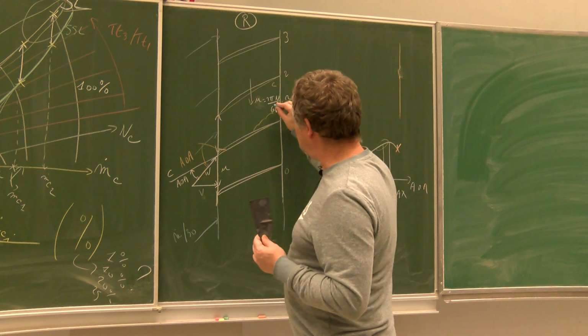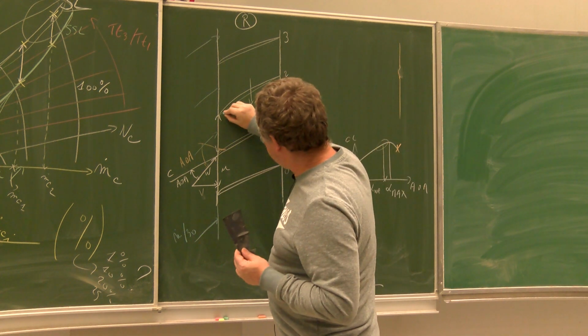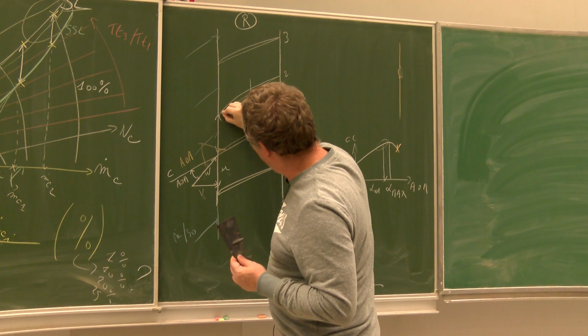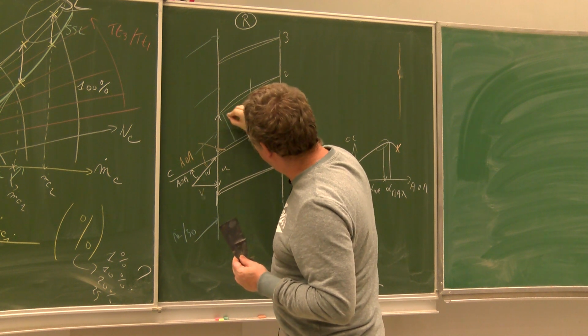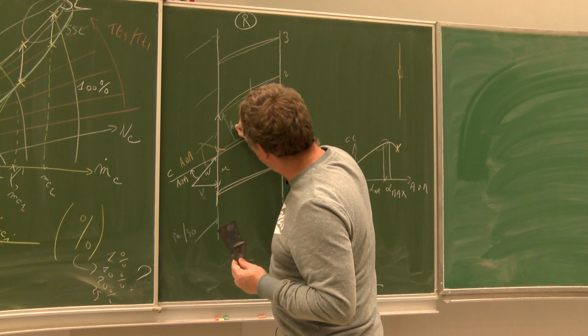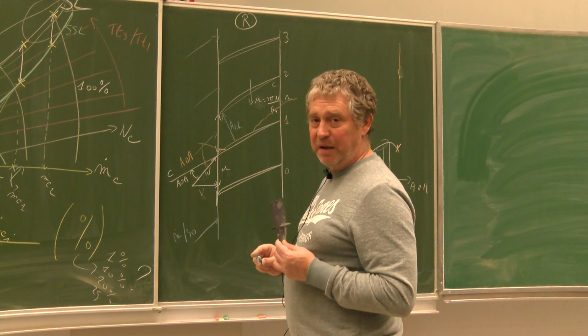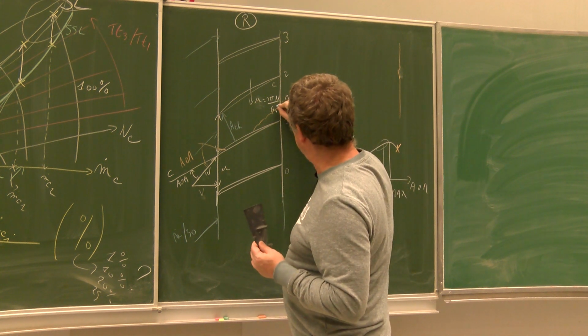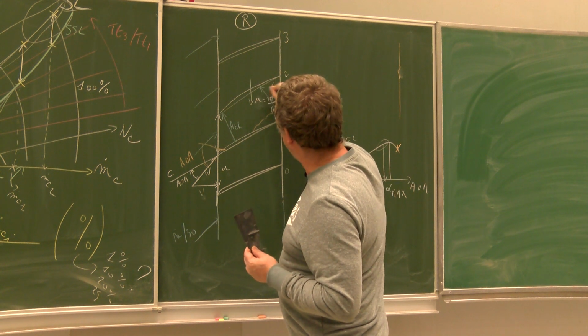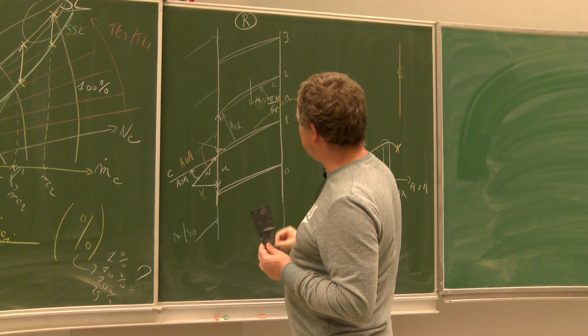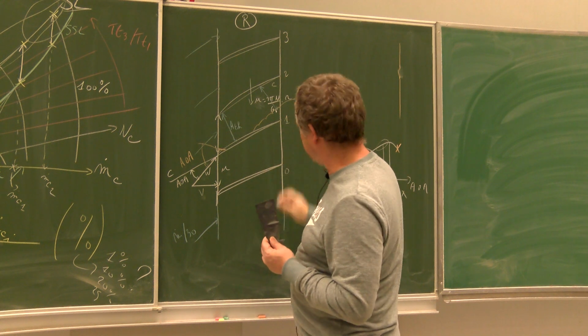What's happening here? You see, normally in a compressor you have somewhere here a throat. This is the throat area of this compressor. What have you done? By the boundary layer separation, you have changed the throat. The throat is not anymore the same. The throat is decreased.